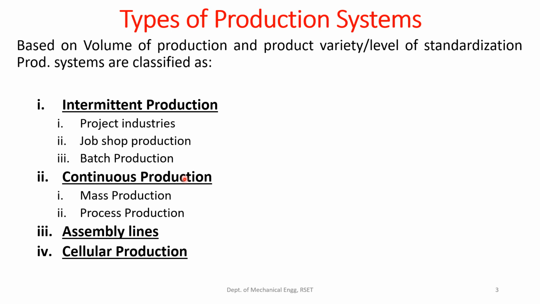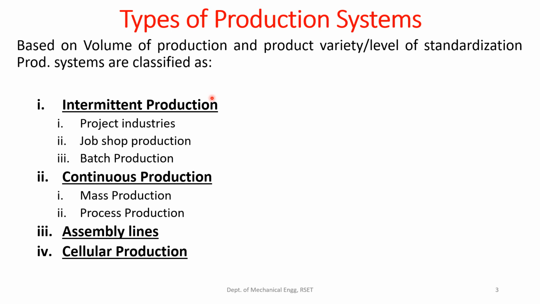So our discussions will be limited to intermittent production systems and continuous production systems. The concepts of cellular production and assembly lines were dealt with in earlier modules. So we'll focus our effort on the concepts of intermittent and continuous production systems.